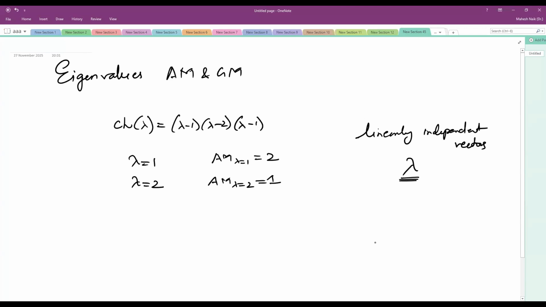But overall, in general, we have the relation that the geometric multiplicity is always less than or equal to the algebraic multiplicity. Also, the geometric multiplicity is given by n minus the rank of A minus lambda I. So we can use these relations indirectly to calculate some intermediate values, or to prove some statements.